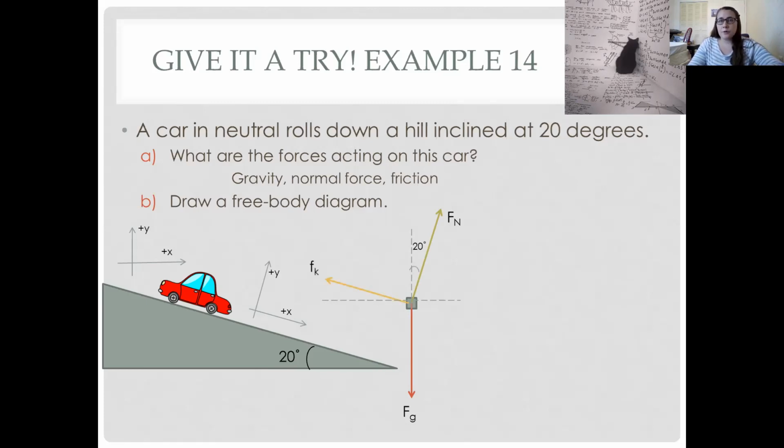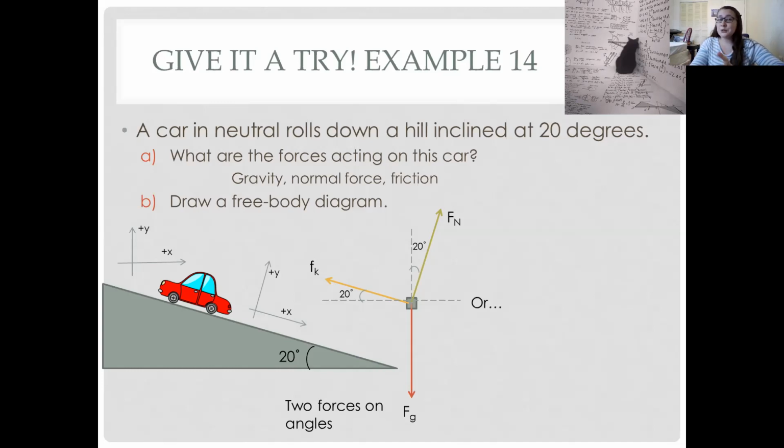And our friction force opposes the direction of motion. So this car is going to tend to roll down the hill, which means friction would be pointing up the hill parallel to the surface, so also at a 20-degree angle. So in this case, we have two forces that are on angles, and when we do the math, we would have to break down two vectors into their components as we think through the problem.